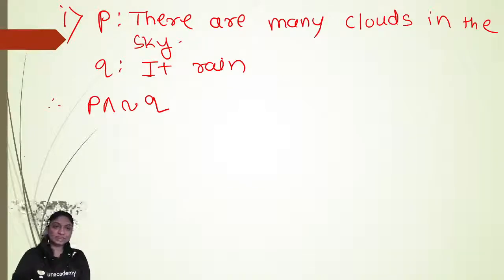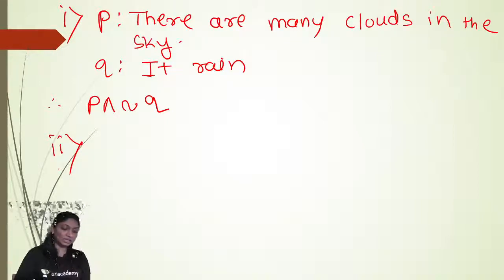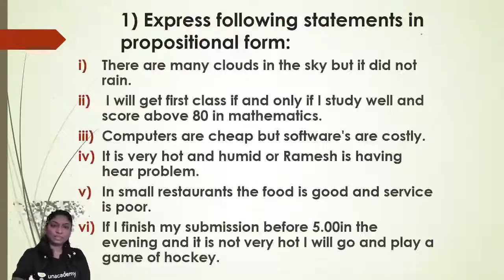Okay. Now the second statement is given: I will get first class if and only if I study well and score above 80 in mathematics. See, so for that, I have to write the statements. There are how many statements? Combined statements. See, I will get first class, this is the first statement.